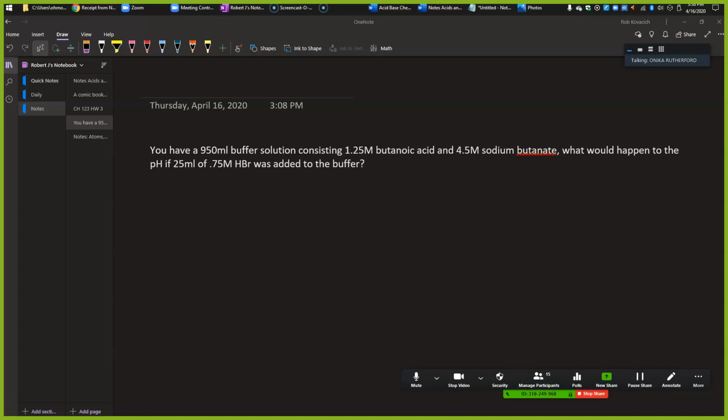And then step 3 is ICE, and then step 4 is the pH number. So if you break it down into steps, it's a bit easier. But I got the wrong answer, so I don't know if I'm correct.